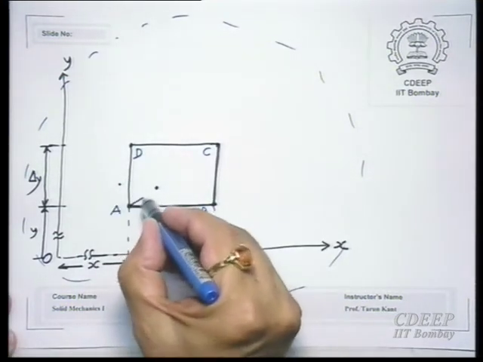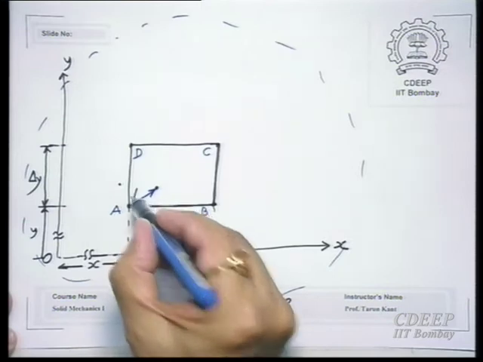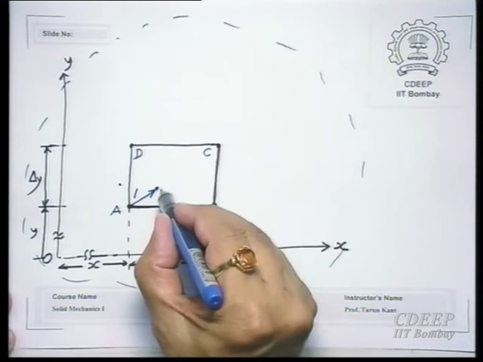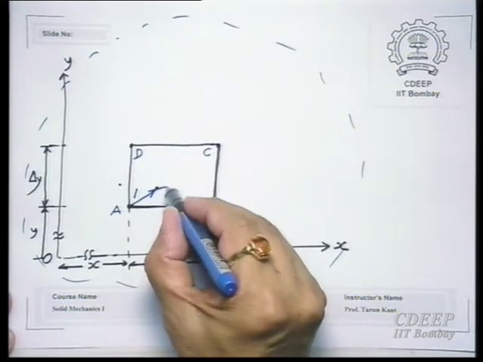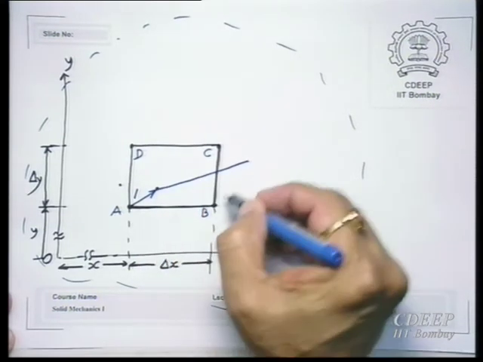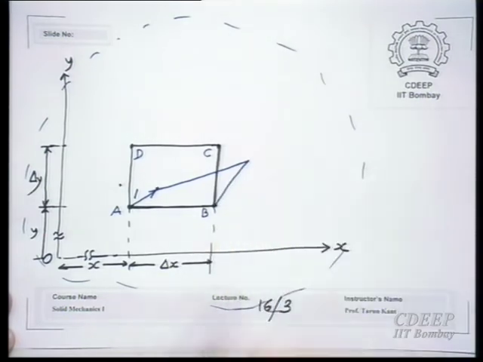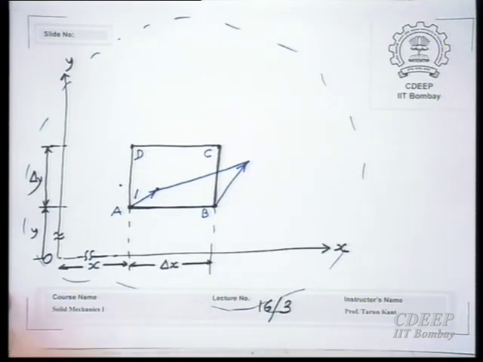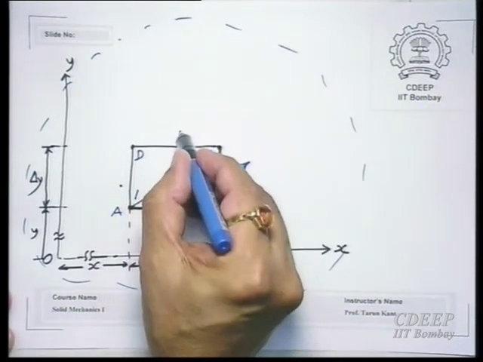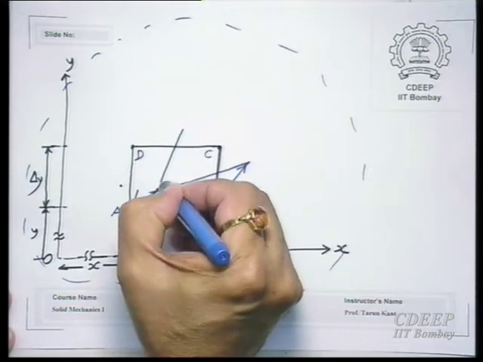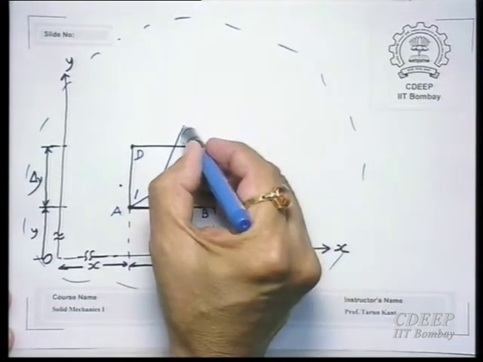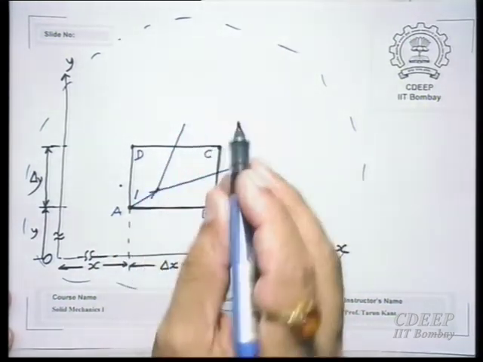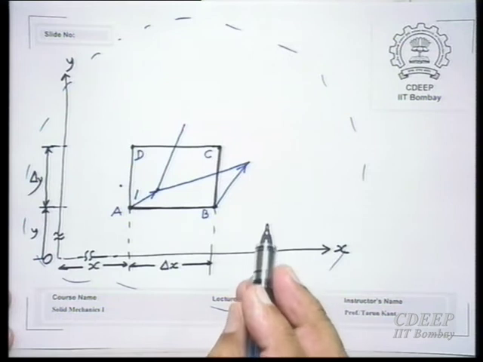Let us say A moves to A dash, B has moved to B dash, then D has moved to D dash. Where is D?